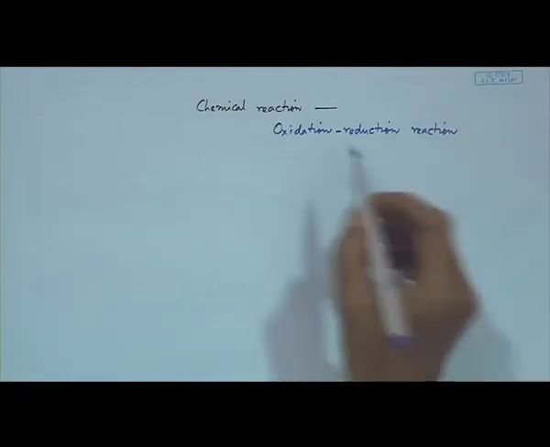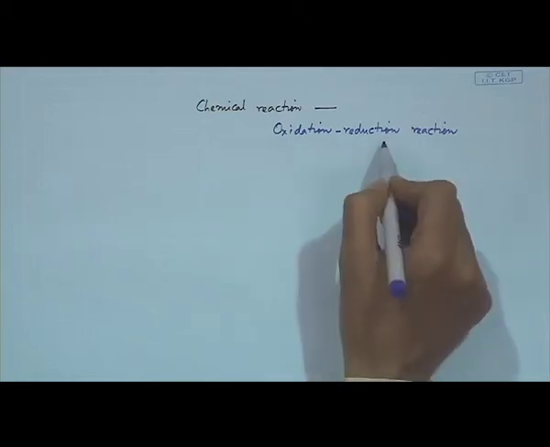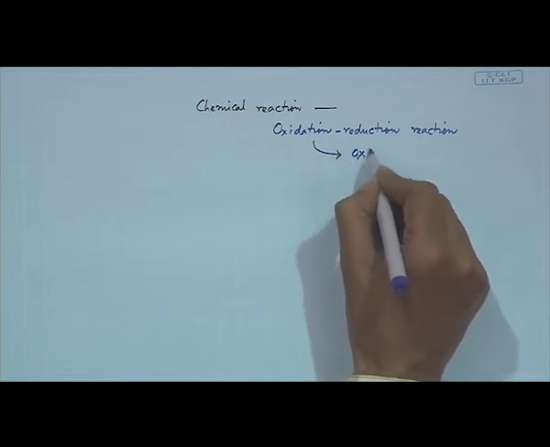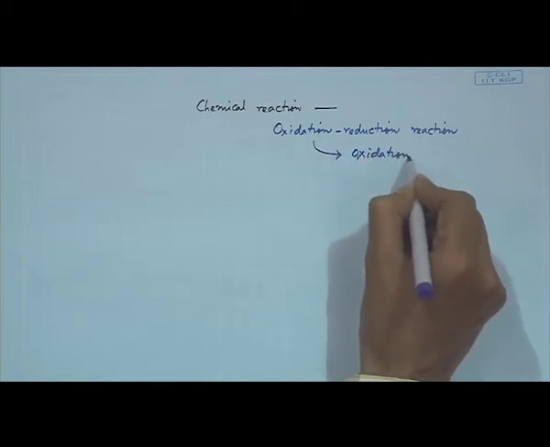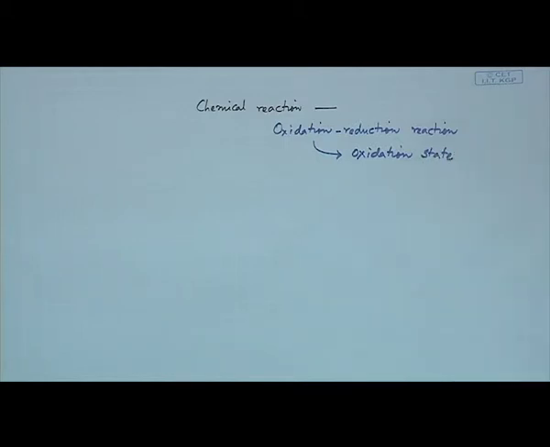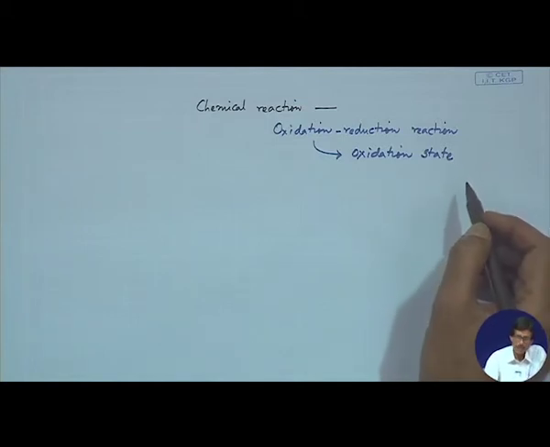So, we will just simply see one of the examples where we can have the corresponding oxidation reduction reaction, where the oxidation states of the species will change from one particular oxidation state to the other particular oxidation state.